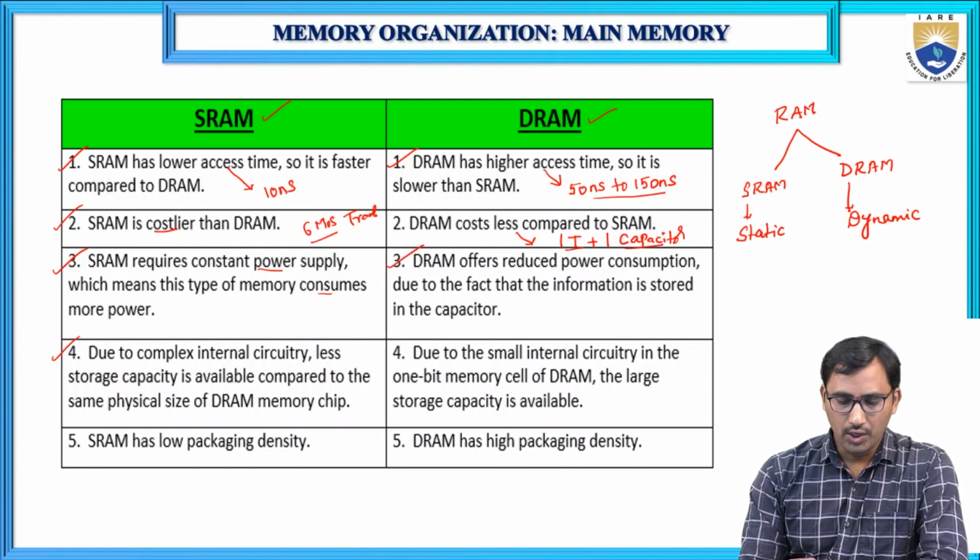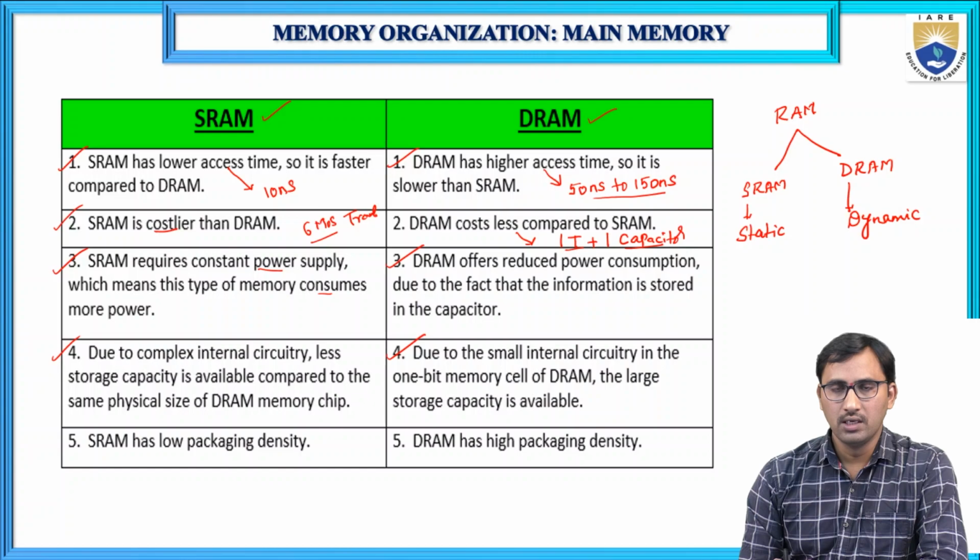And fourth point, due to complex internal circuitry, SRAM has less storage capacity compared to a DRAM memory chip of the same physical size. But the DRAM has more storage capacity because the internal circuitry is very small.